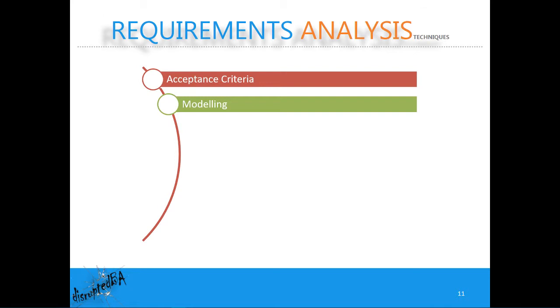The next technique is probably the most common one, modeling. There's a huge list of modeling techniques that you can use, things like business modeling, conceptual modeling, data modeling or data flow modeling, decision models, process models. This would depend on your requirement and what you're trying to determine.